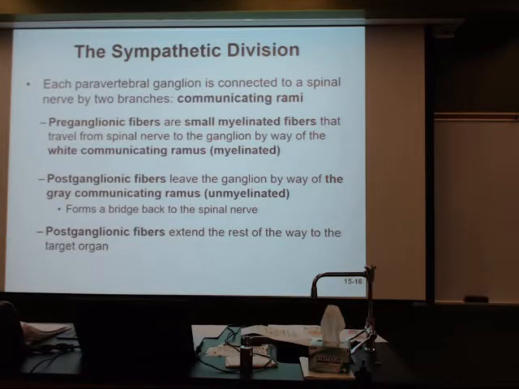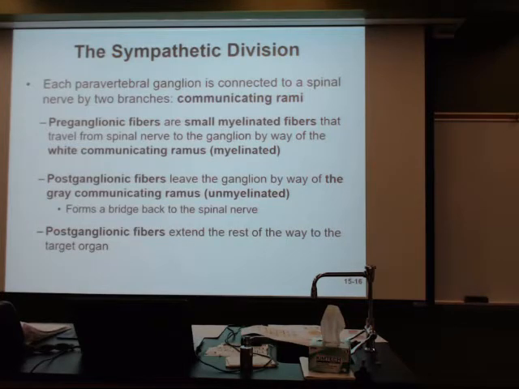The other thing that I've told you, we're traveling by way of a spinal nerve. The information has to make its way to a chain ganglia so that it can synapse with its post fiber, which then travels to the target organ.